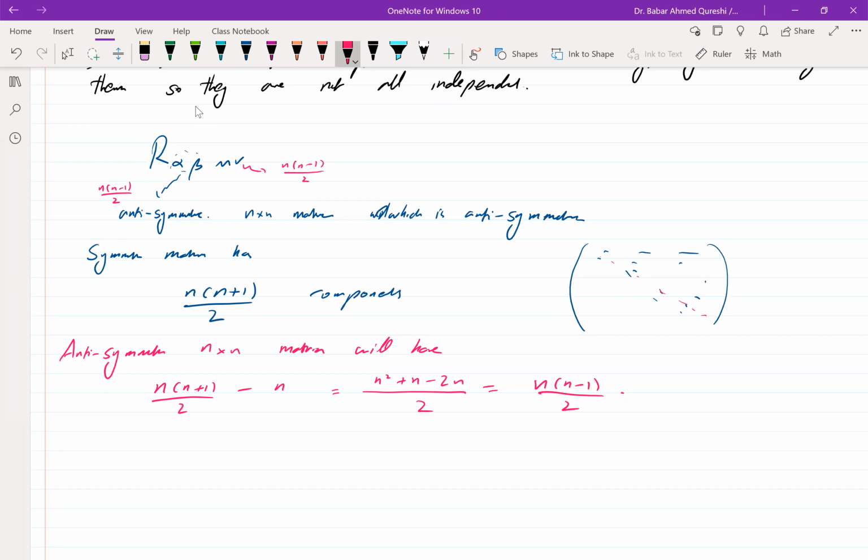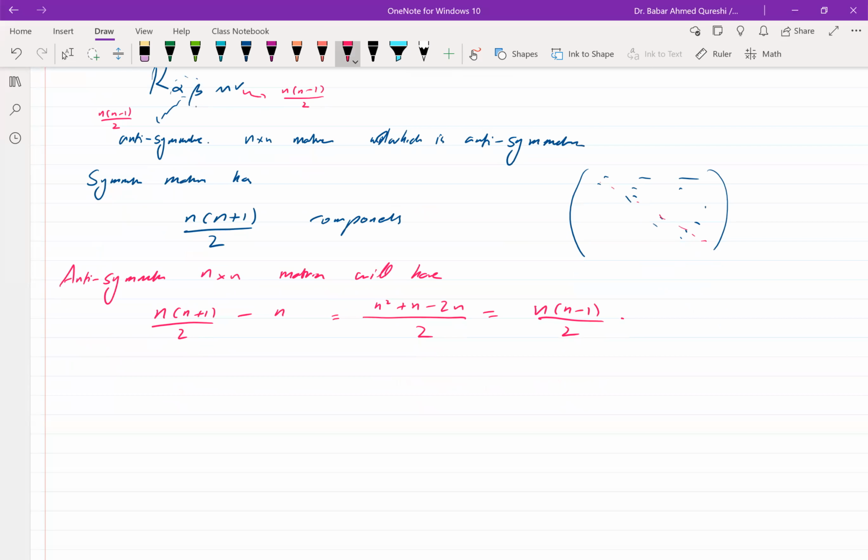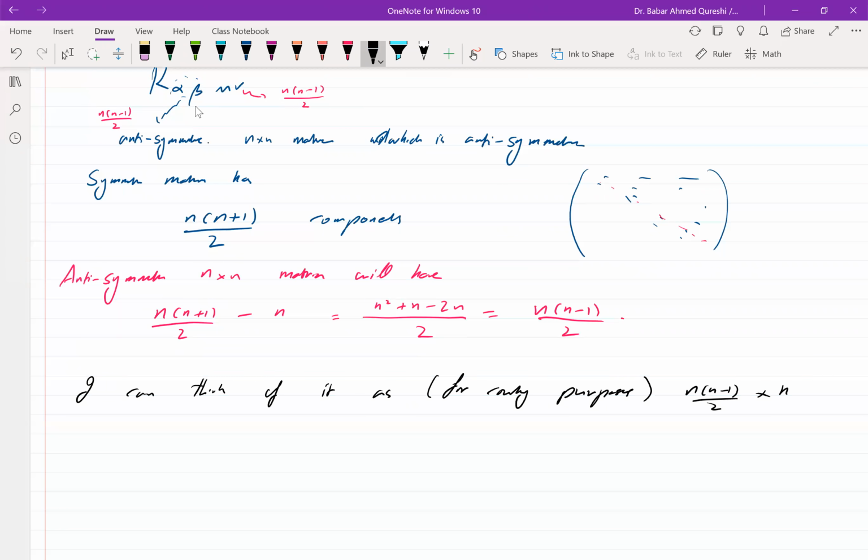So for counting purposes, I can think of it as an n into n minus 1 over 2 by n into n minus 1 over 2 symmetric matrix.